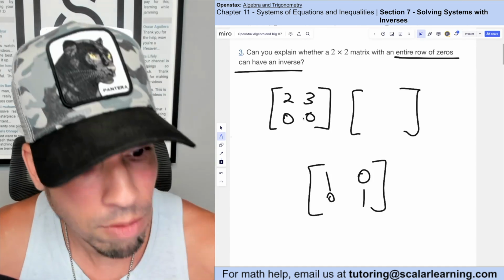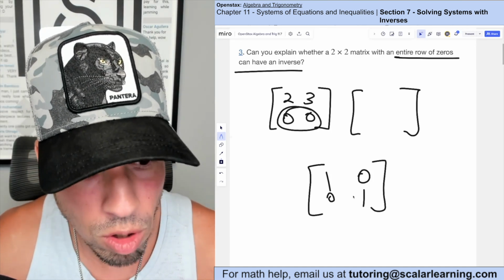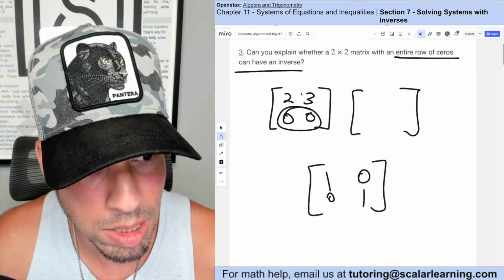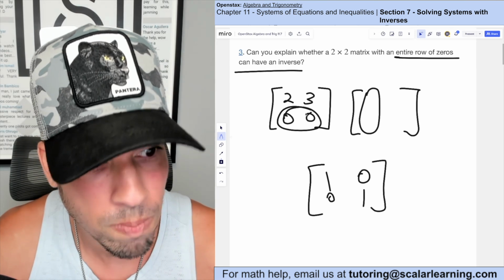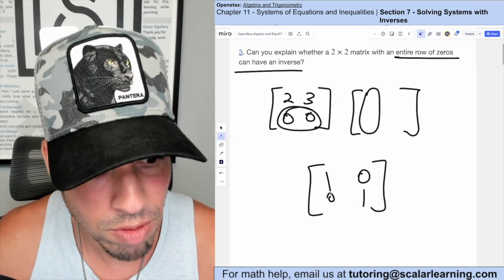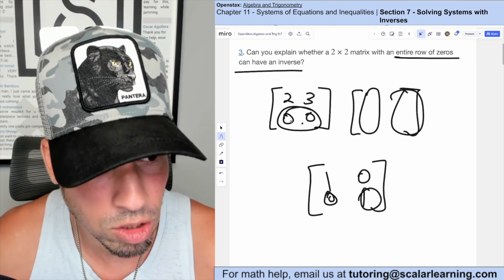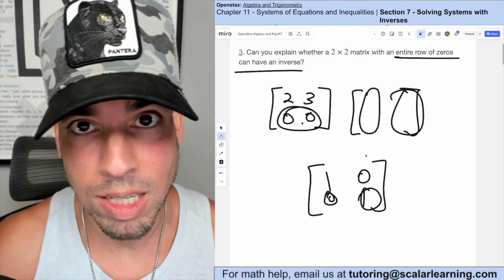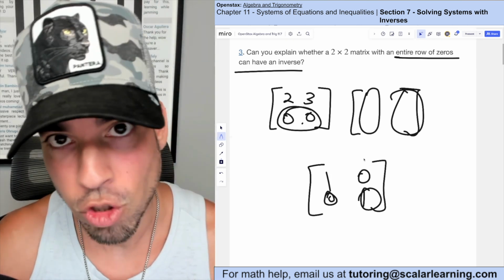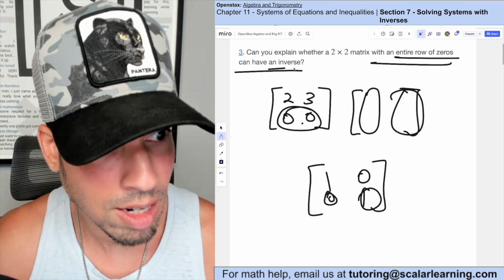But if you have an entire row of zeros, the bottom two resulting values are going to be 0, because remember, you go this row times this column, and that's going to provide a 0. And then that row times this column is also going to be a 0 because it's 0 times something plus 0 times something. So you're not going to be able to get that identity matrix product as a result. So I would say no, it cannot have an inverse.